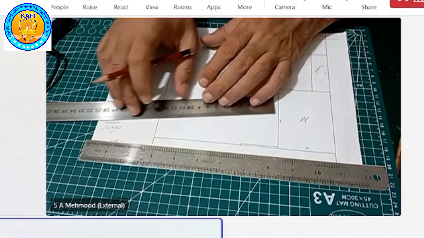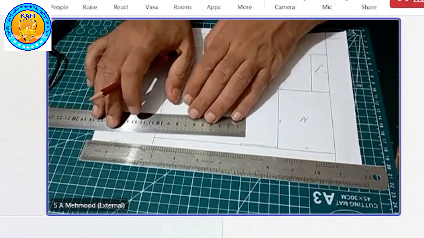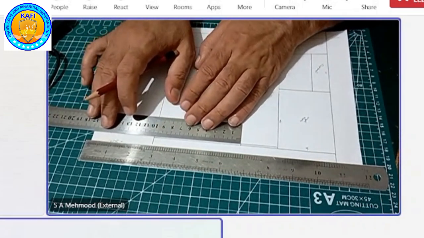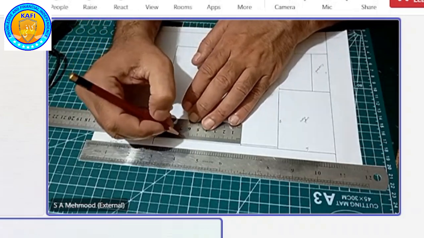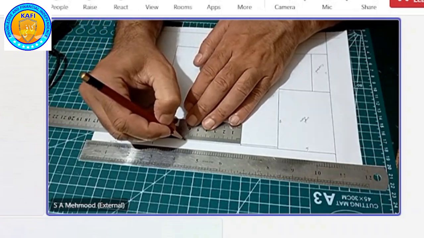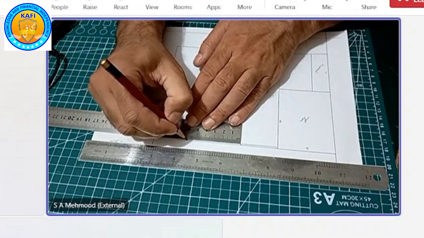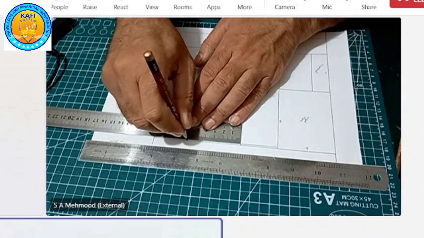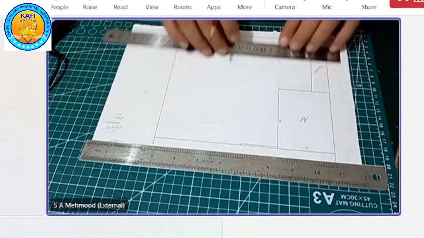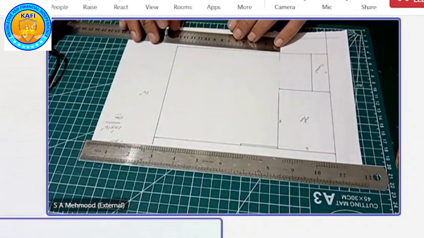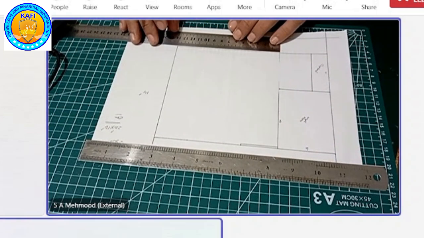We have a bed 6 feet. No, on this side. Okay? We have a bed 6 feet. From this window, in 6 feet, we have a bed. Okay? So, from here, it was 4 feet window.